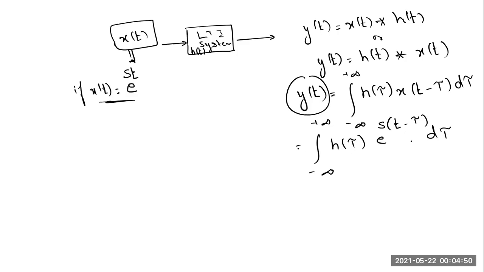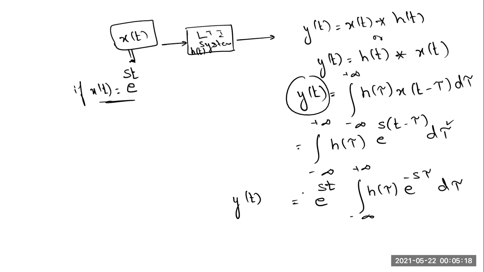Now our variable of integration is tau. So this e raised to power st can be taken out of this integral sign. So y of t is equal to e raised to power st. This term has been taken out of the integral, and what is left is integral of h of tau e raised to power minus s tau d tau.